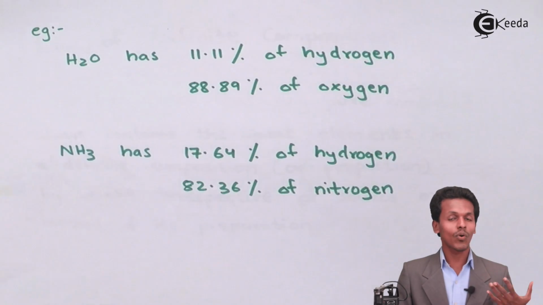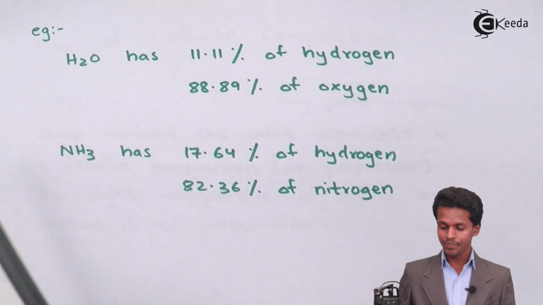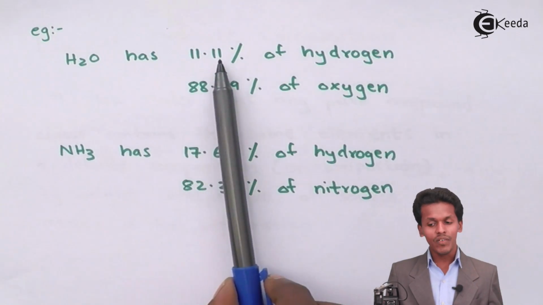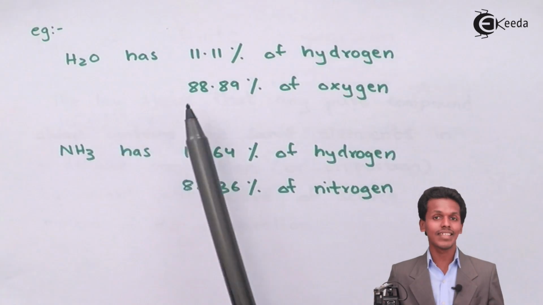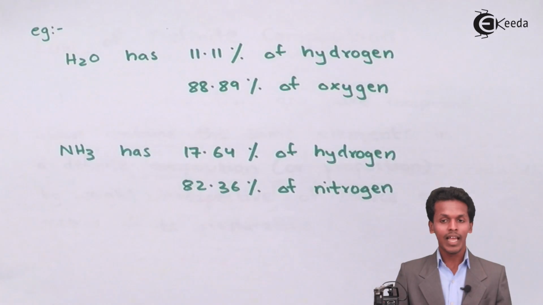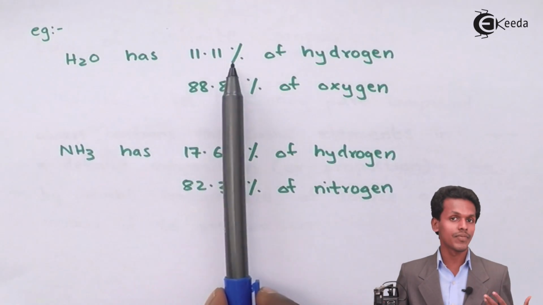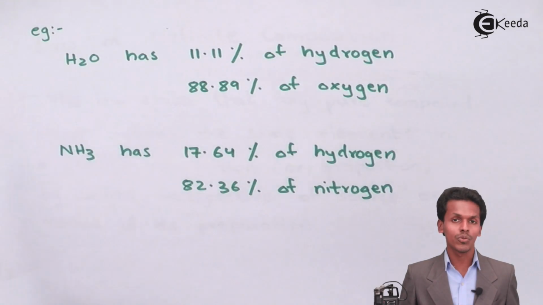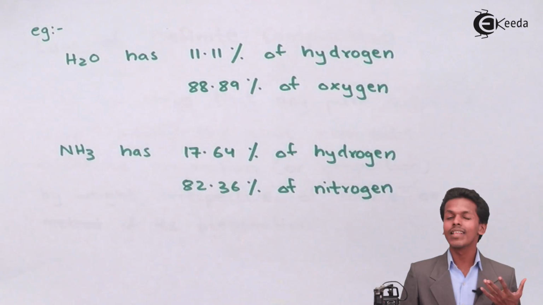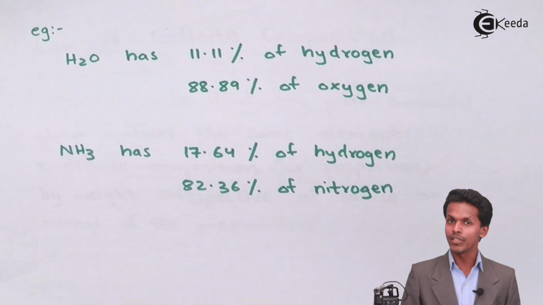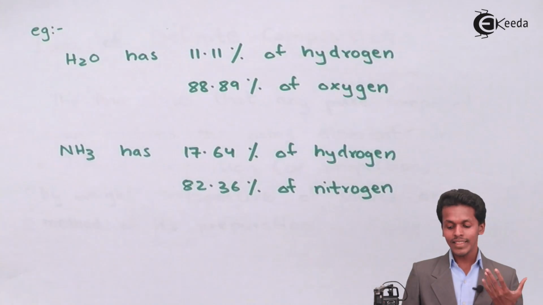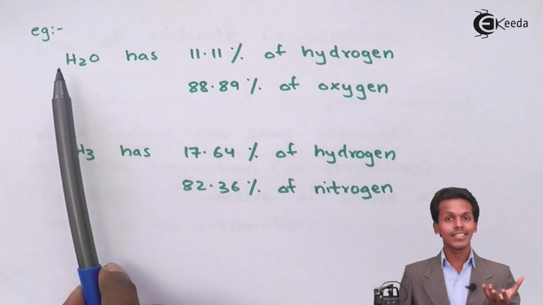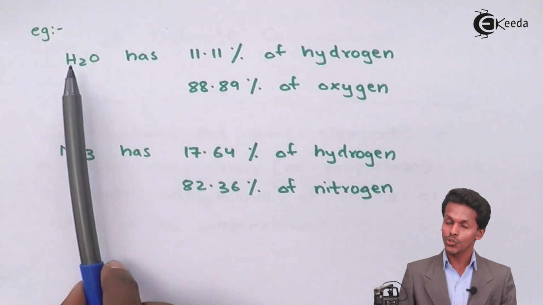In both cases, I will find that H2O has 11.11% hydrogen. How did I get this number? Suppose this is 1 mole of H2O, which is 18 grams.